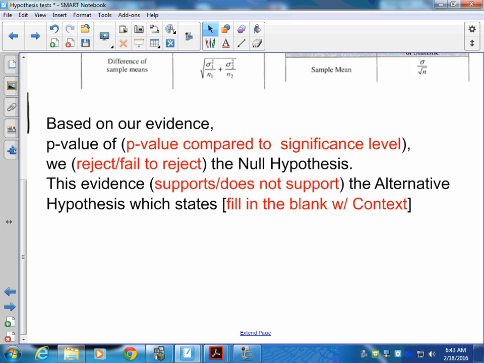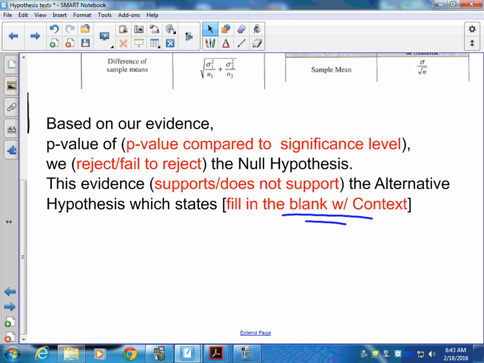This evidence supports or does not support the alternative. We never accept the alternative. We just want to support or not support the alternative hypothesis, which states, and this is the thing that's going to take a lot of work, you actually have to write out in words what the alternative hypothesis is. The mean value of X trials of this situation is greater than 12.